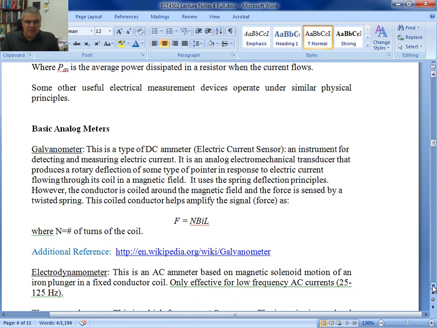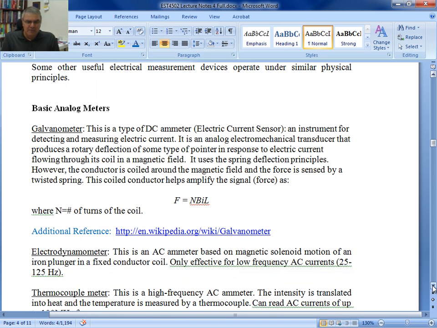So let's take a look at some of the analog meters that are used in electrical devices and measuring devices. The NBIL is a famous one. N is the number of turns of the coil.